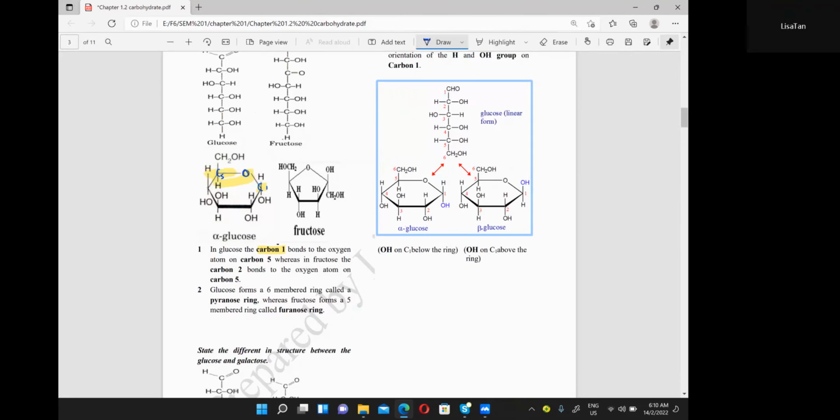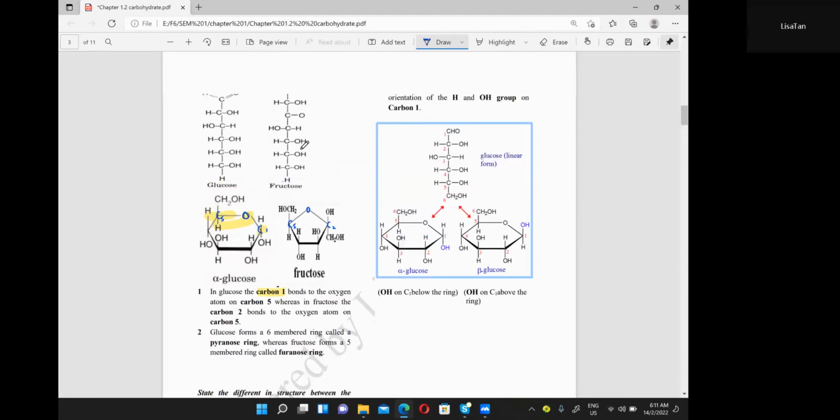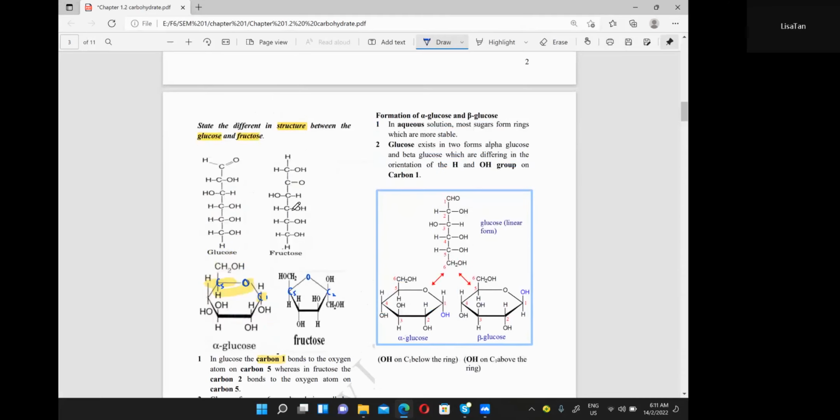Whereas for fructose, the carbon 2 is bonded with the oxygen atom on the carbon 5. So this is the first difference between the structure of glucose and fructose.